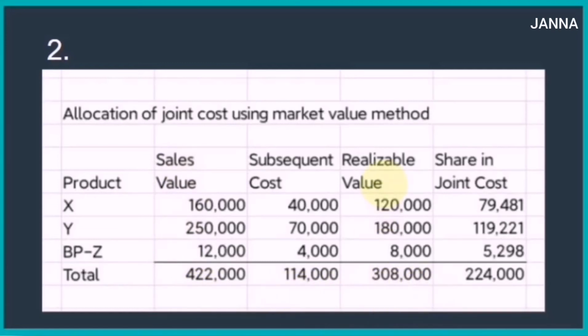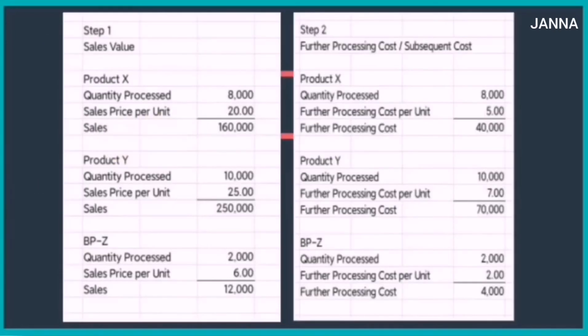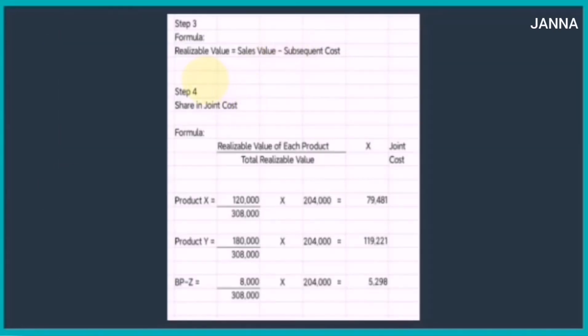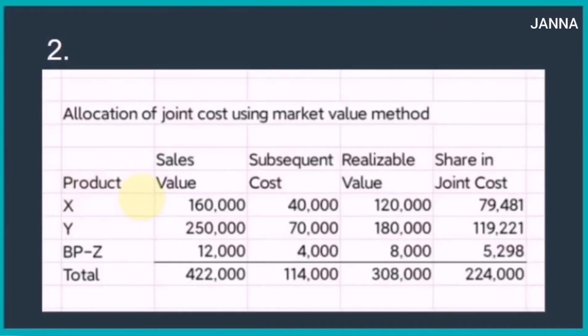So, the third step is the realizable value. The formula, sales value less subsequent cost. So, for product X, sales value is 160,000 pesos less subsequent cost na 40,000, kaya realizable value of product X is 120,000 pesos.